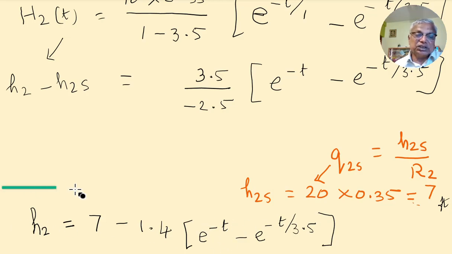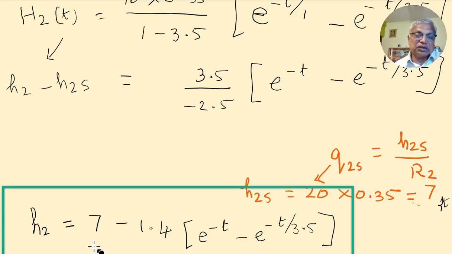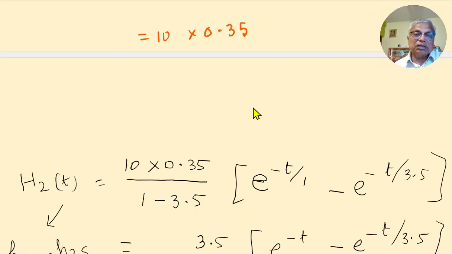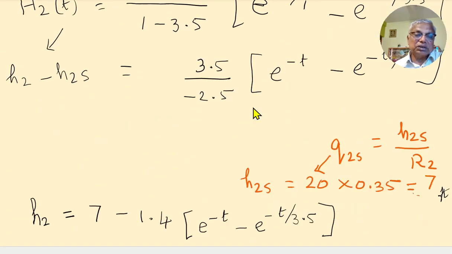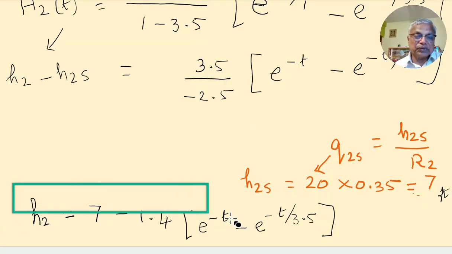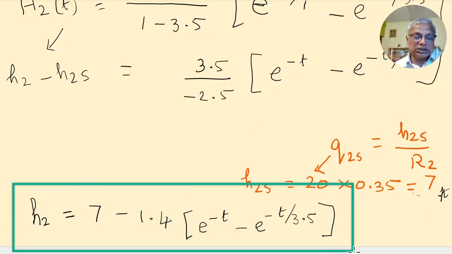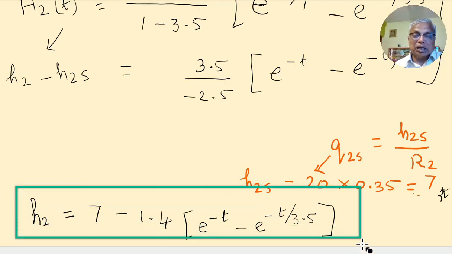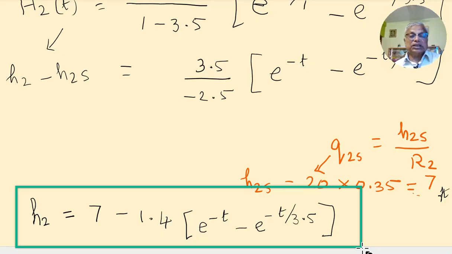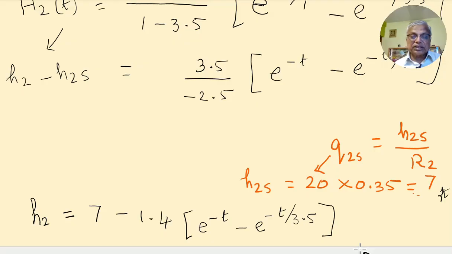So this equation gives height as a function of time after the input is given. This is the dynamic response of the level in the second tank.